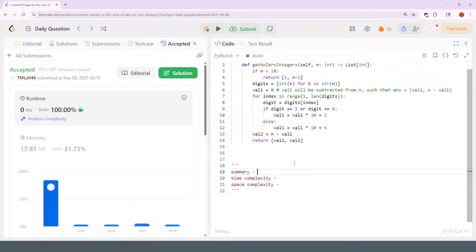So anyways, the summary here: I found a direct formula that could create a value that has no zeros, such that n minus value also has no zeros.